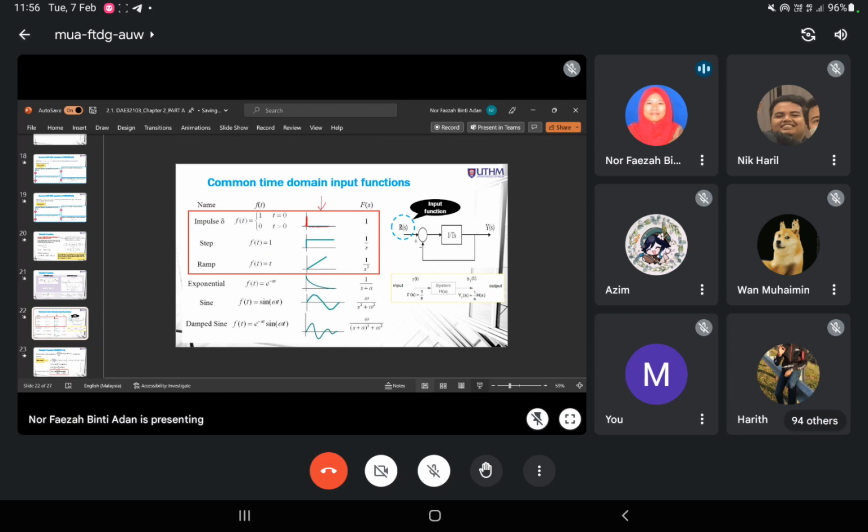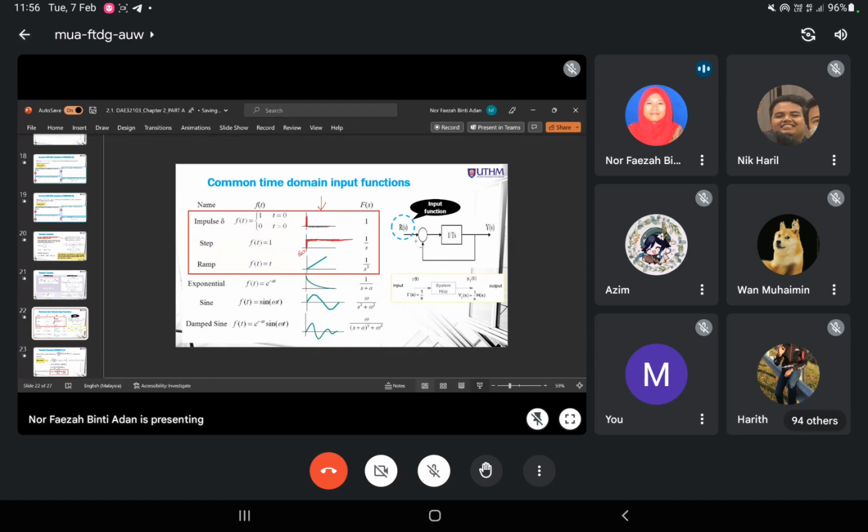A step becomes whatever value you have set. By default in MATLAB that value is 1, so at time zero it gives an input of 1 to your system. So that is the step.